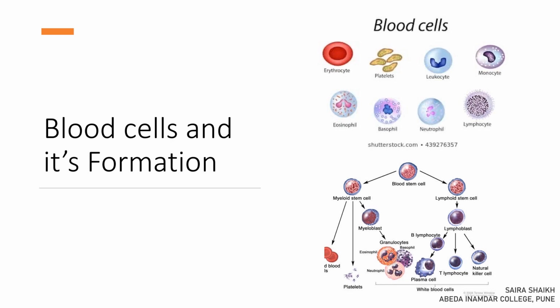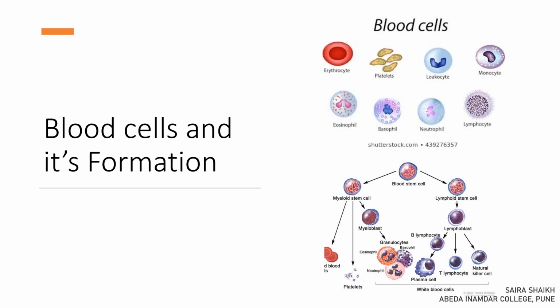All these blood cells are produced from bone marrow cells. Bone marrow is the tissue present inside the long bones, where the stem cells are present. These stem cells are responsible for the formation of blood cells. There are two types of stem cells which produce the blood cells: myeloid stem cells and lymphoid stem cells.